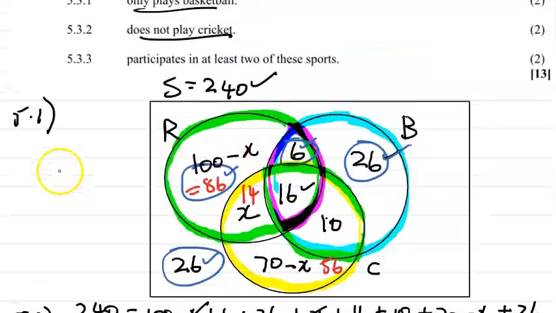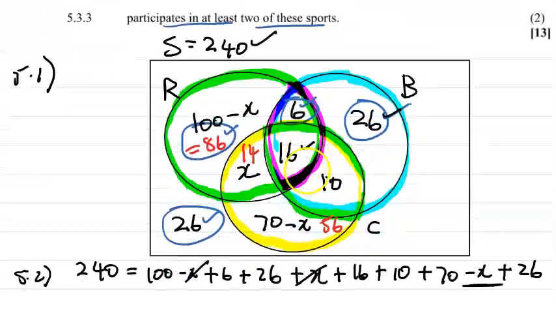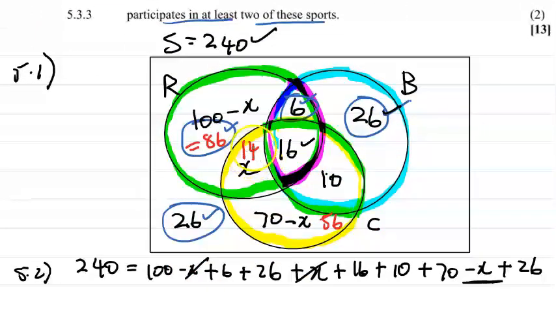So the next question says participates in at least 2 of these sports. So participates in at least 2 of these sports, and let's look at that. So if you're going to participate in at least 2 of these sports, well, we're going to add up the following values: 14, 6, 16 is all 3, and here is 10 because basketball and cricket.